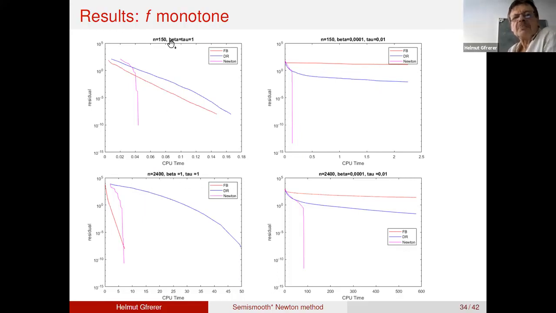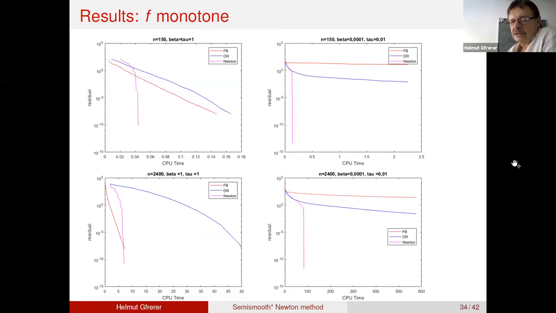If we choose beta and tau equal to 1, the forward-backward splitting method and Douglas-Rachford are also able to compute a solution with relatively high accuracy. If we decrease these constants beta and tau, they do not give us a solution, whereas you can see that the semismooth Newton method works very well.